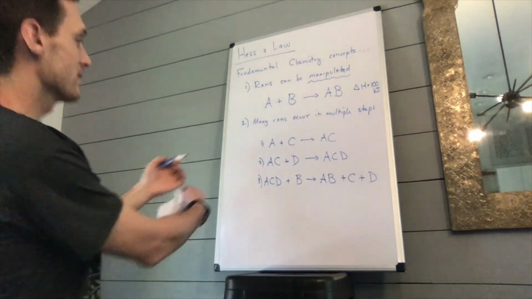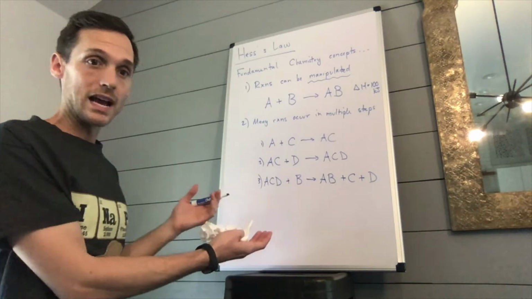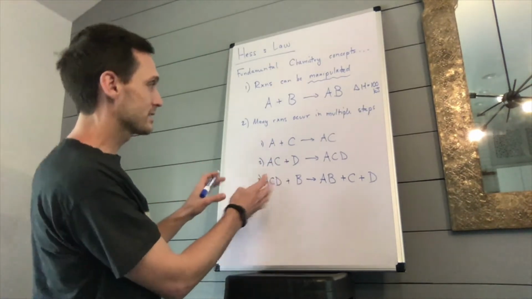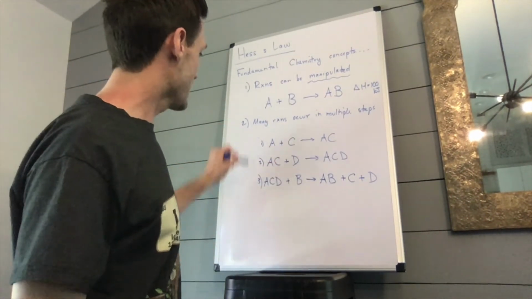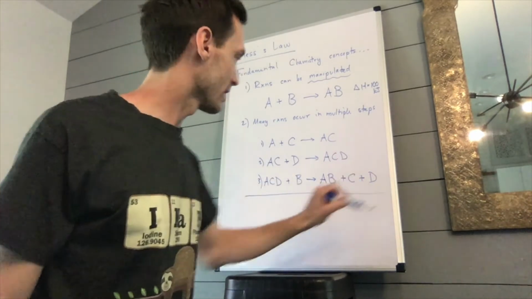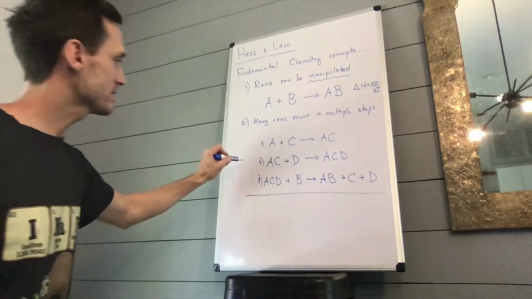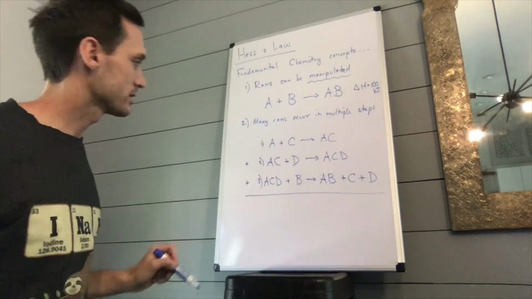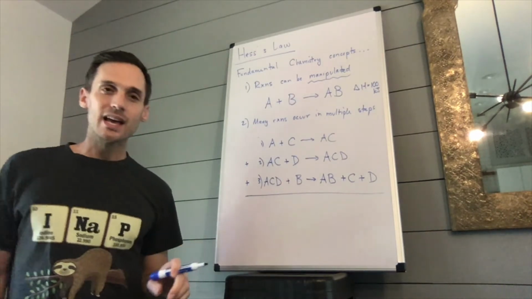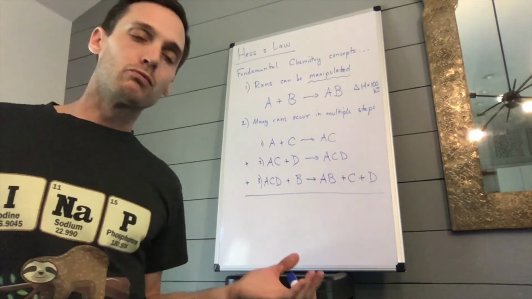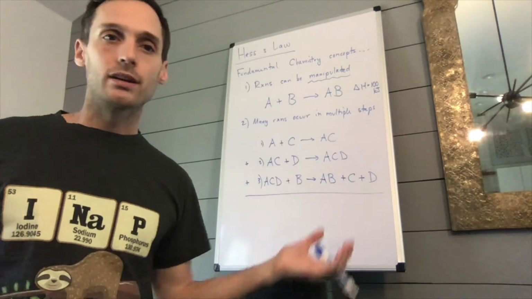Okay? These are just the steps of the reaction, and if you notice, we can add them up. You can add up all of these steps, so 1 plus 2 plus 3, and just think about it like a regular algebraic equation.